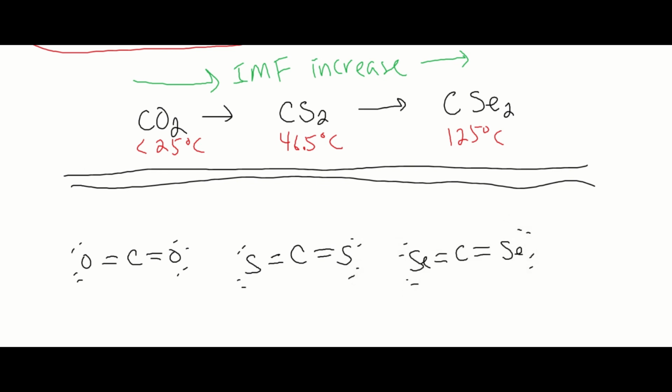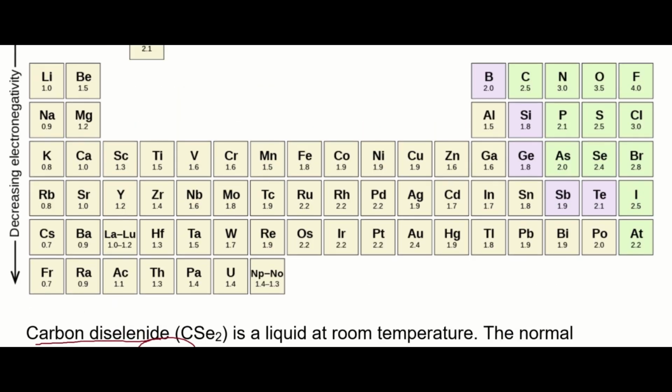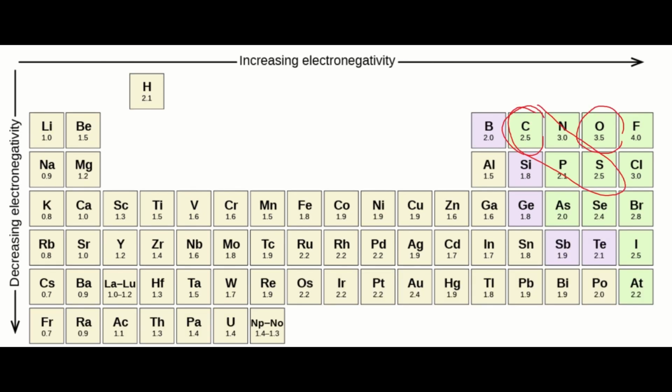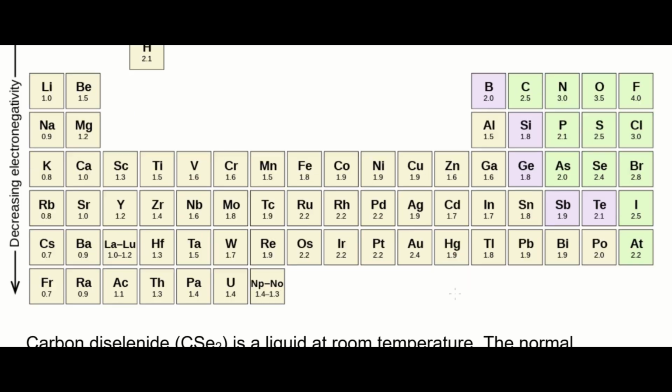All three of these molecules are linear and have no net dipole. Now the carbon-oxygen bond is polar because that's the only bond that has a delta chi, or a difference in electronegativity, that's significant. Whereas the carbon-sulfur and the carbon-selenium bonds are fairly equal in terms of sharing electrons.